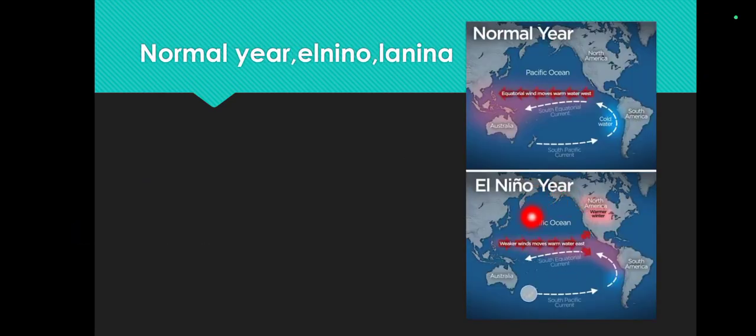In the El Nino year there is warming of South America as compared to the normal year, and on the Australian west coast there is development of high pressure due to movement of cold water from South America to Australia during the normal year. So there is a net movement of ocean water from west to east.